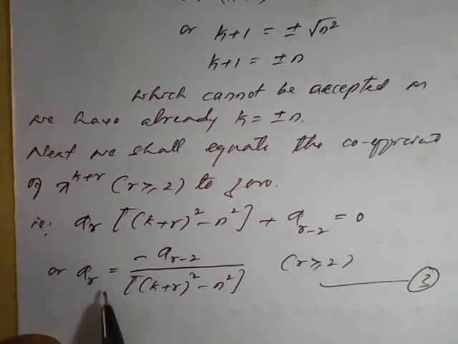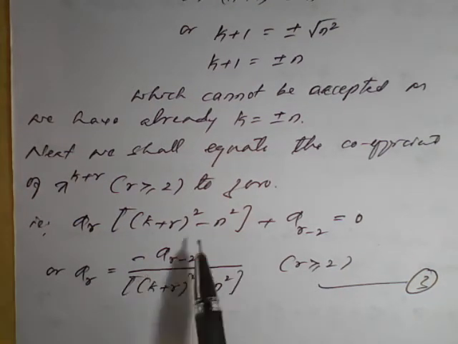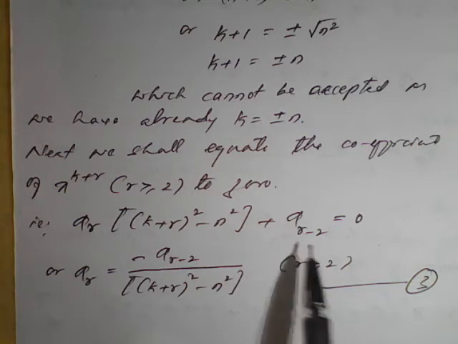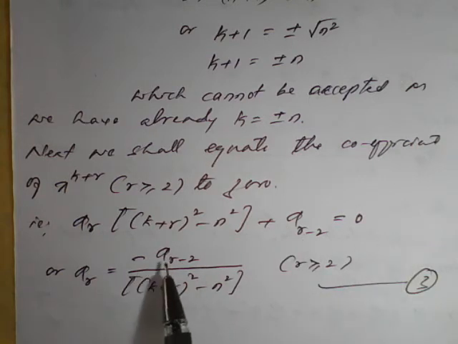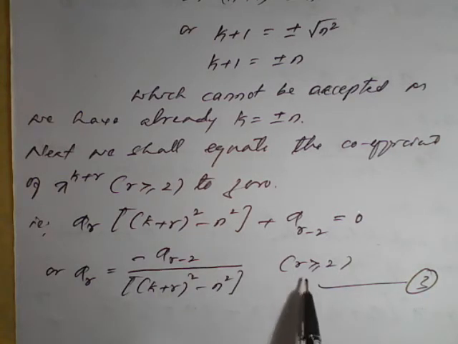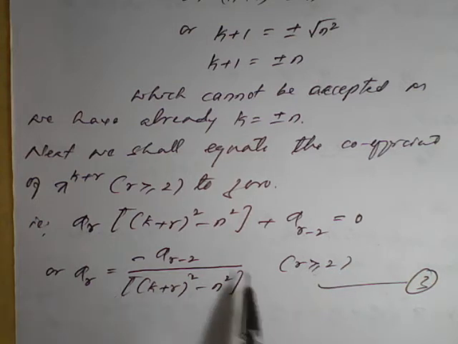So the ar formula will be: shifting to the right-hand side, ar equals minus a of r minus 2, and this comes in the denominator. Here the condition applies that r should be greater than or equal to 2. So this ar value we will consider as equation number 3.